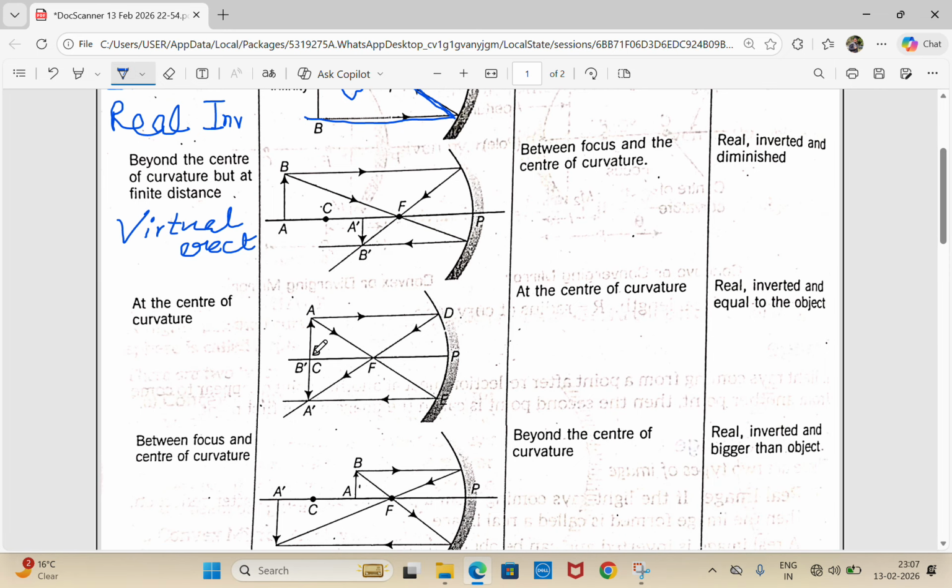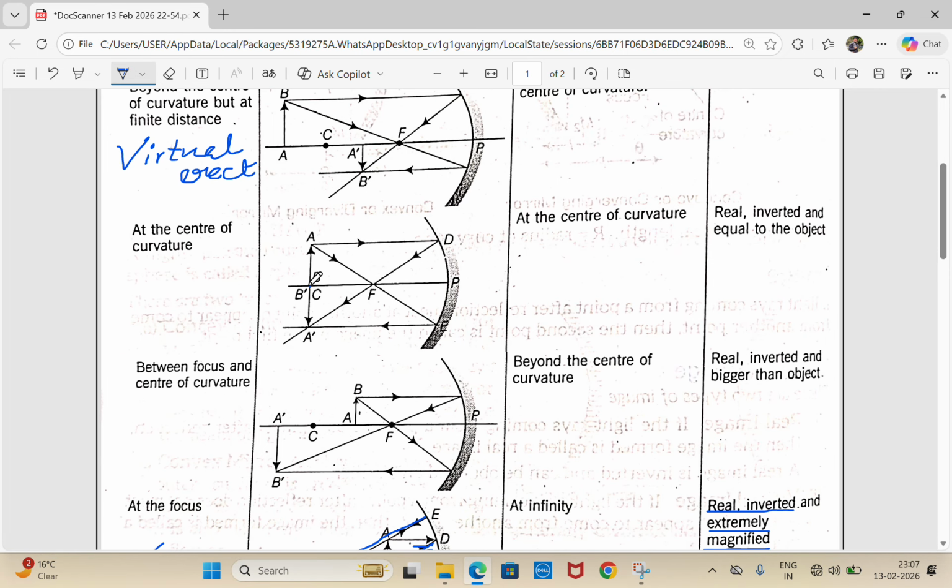So here as well you just place an object at the center of curvature, and draw the ray diagram, and the rays coming from the object create an image of the same size. Okay, so at the center of curvature, beyond center of curvature, and after center of curvature, just remember these things because it is very important.